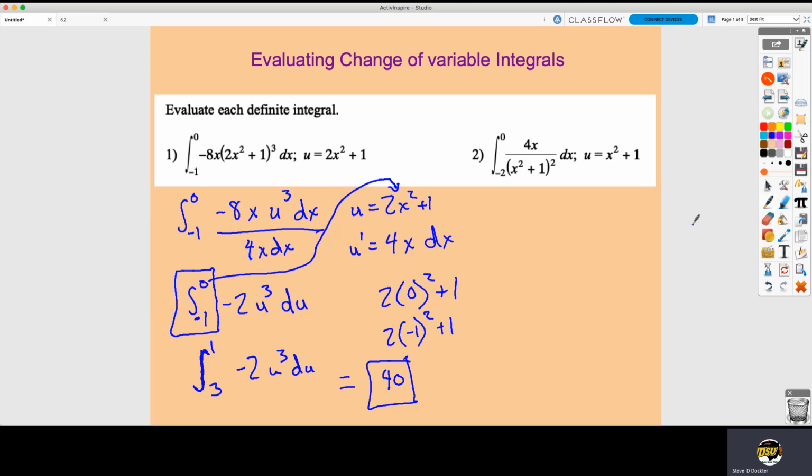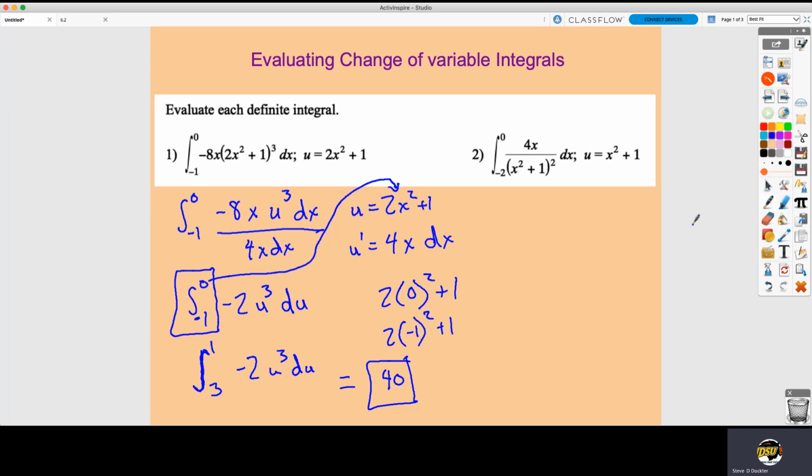All right, so this is just another way to attack these sorts of problems. Integrals are a little bit easier than what we would have had to do the other way. For these, honestly, it doesn't matter which way you go.